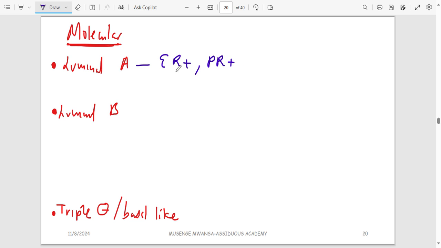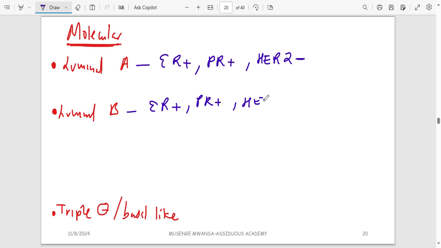Besides that, there's also another receptor, the human epidermal receptor 2, the HER2. For this receptor, these are negative. And then for Luminal B, you have estrogen receptor positive, also PR positive.